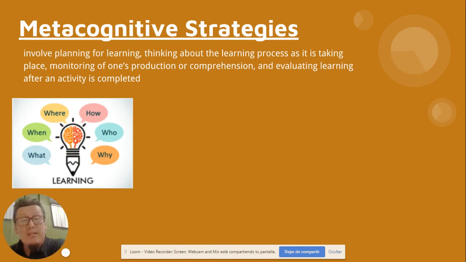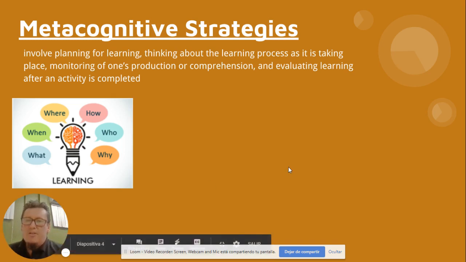But additionally, you can have them create some kind of graphic of this kind to help them not just find, but organize the information so that they become aware of the components that create the context of that reading. Not just finding the specific information, but actually seeing how it's built and becoming aware of that. That is a metacognitive strategy.